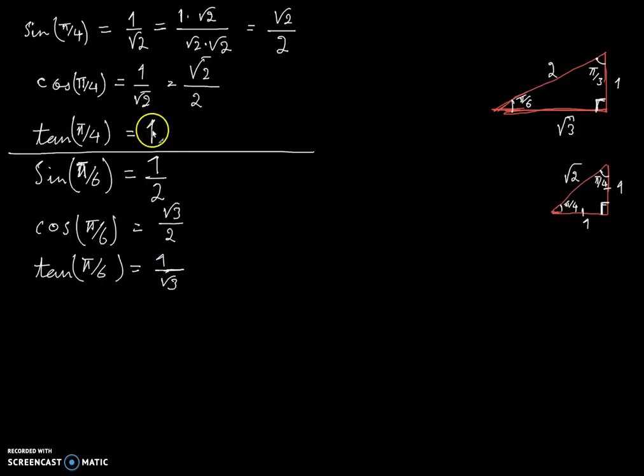If you cannot remember all of them, you can also remember that tan of any angle is equal to the sine of that angle divided by cos of that angle.